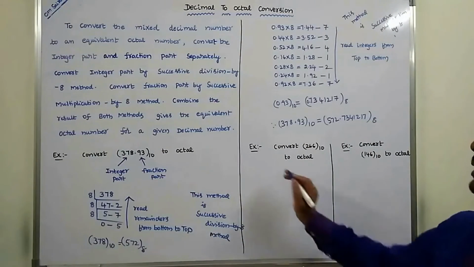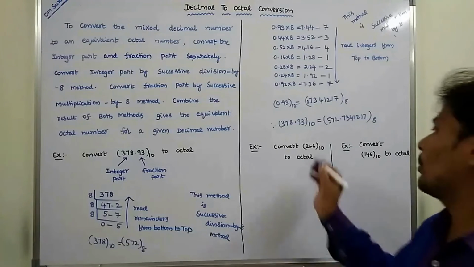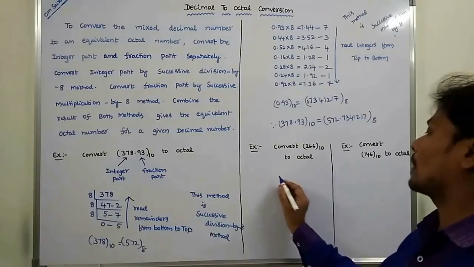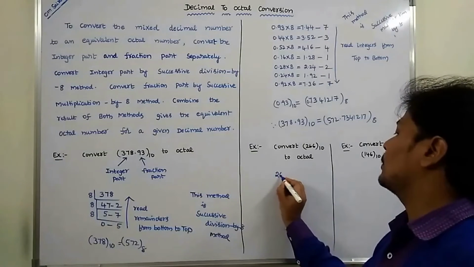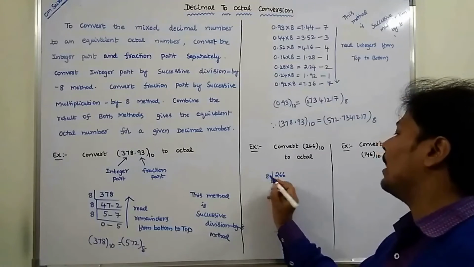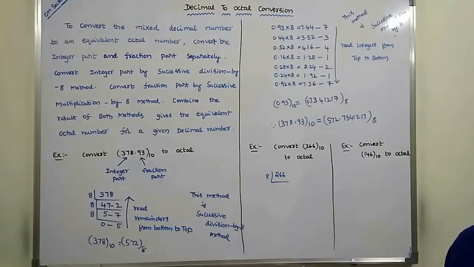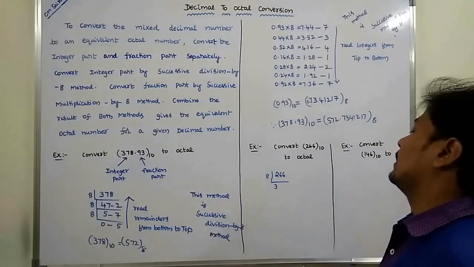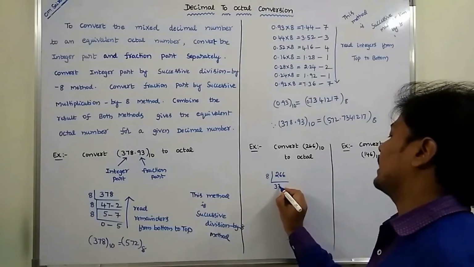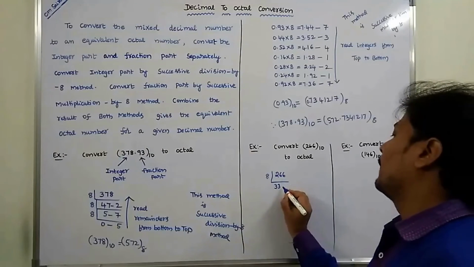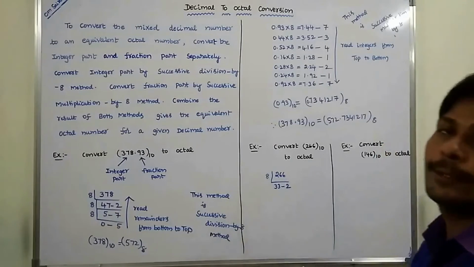Okay. Now we go for another example problem. Convert 266 base 10 to octal. So 266 is successively divided by 8 until the quotient is 0. Okay. So 8 3s 24, so remainder is 2.